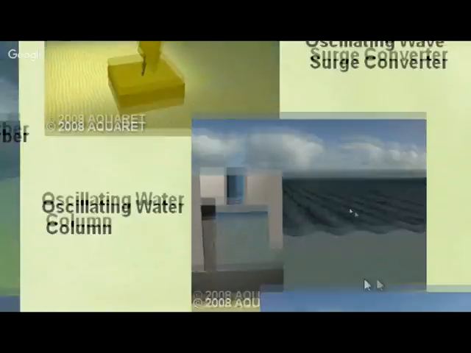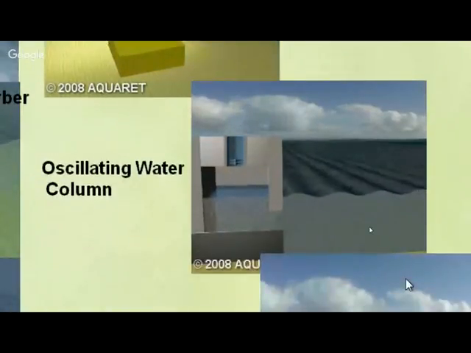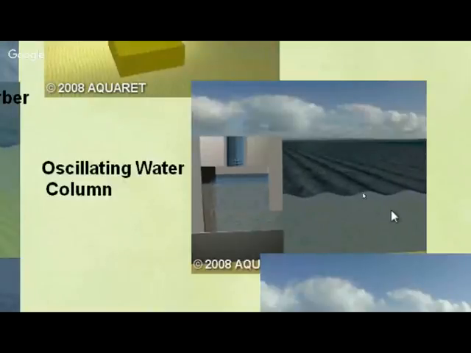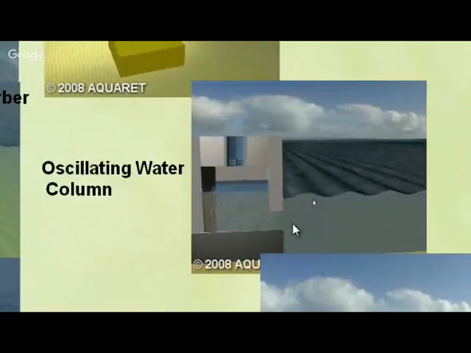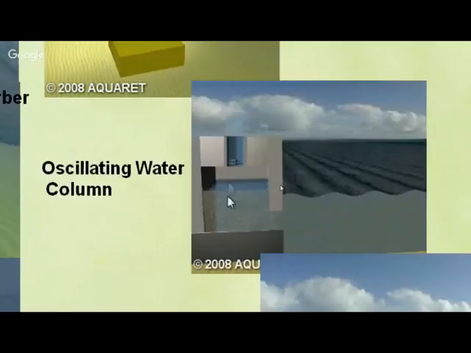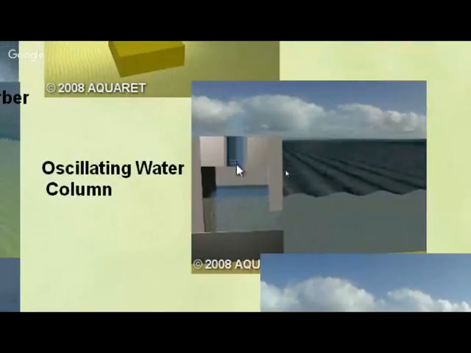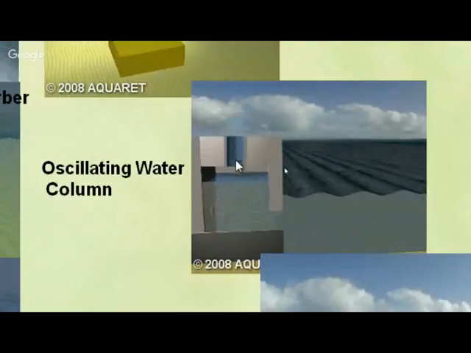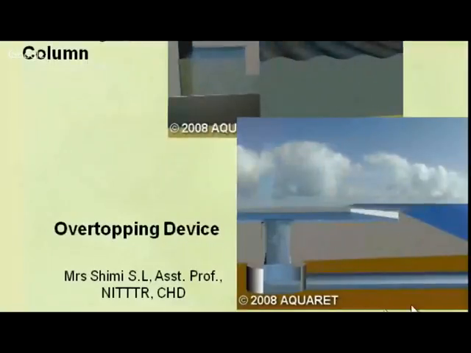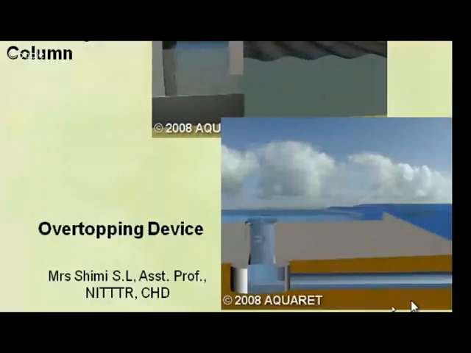Another is the oscillating water column. In this oscillating water column, the water enters from this duct here and moves up the column. When it moves up the column, the turbine here rotates, and that can be used for generating electricity. Similarly, you have one more, the overtopping device.